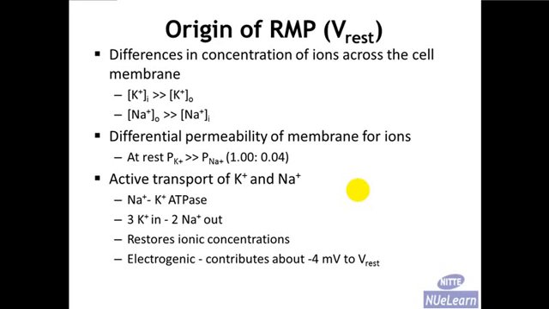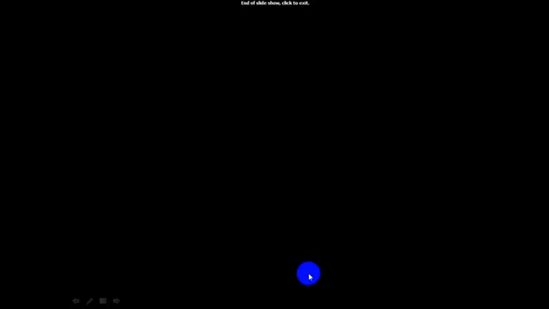So 3 positive charges out for every 2 positive charges in. That means that there is charge separation which is attributable to the sodium-potassium pump, and it is estimated that the sodium-potassium pumps contribute about minus 4 millivolts to the resting membrane potential.